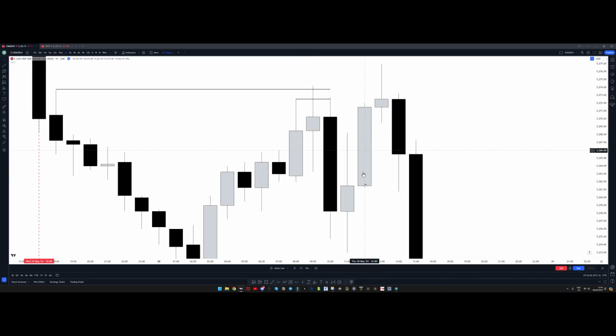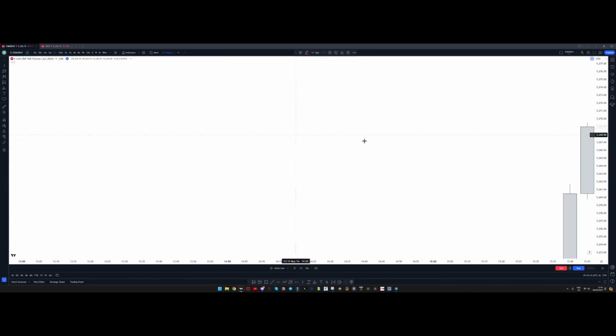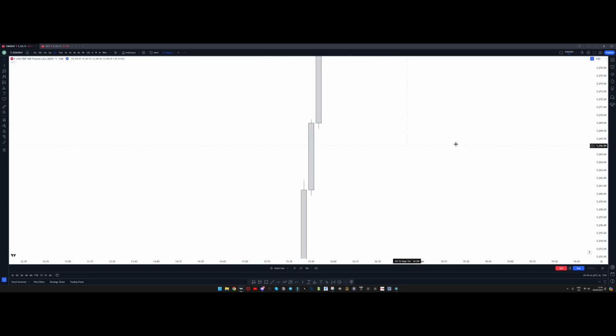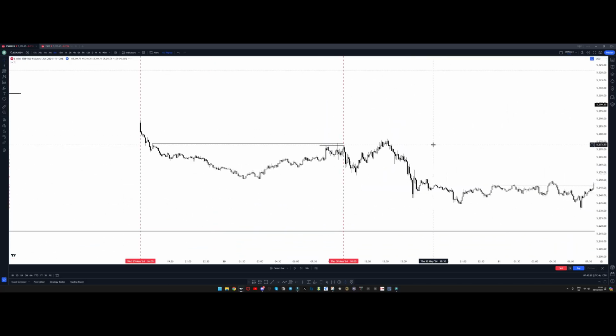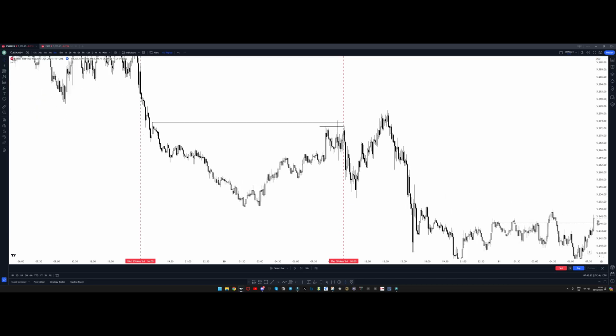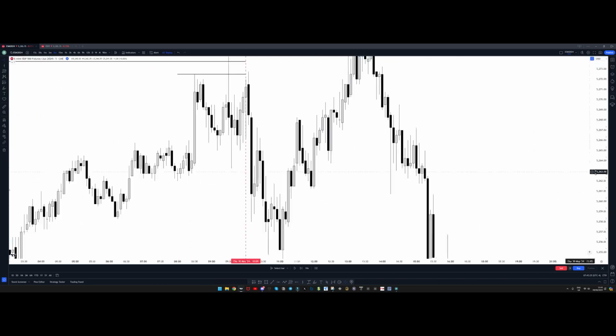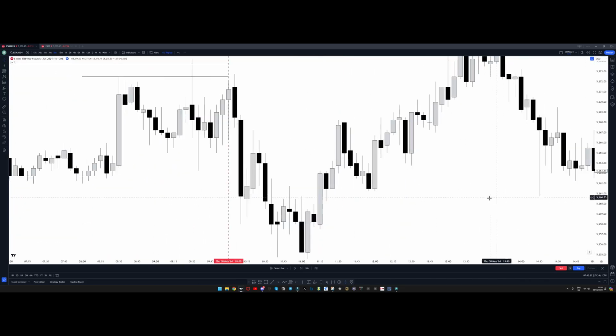What does ICT say? ICT says, watch, and this isn't cherry picked, I'll go to another example in a minute. ICT says go to the 5 minute and take the first 5 minute fair value gap. Let's test that theory. What do you know?